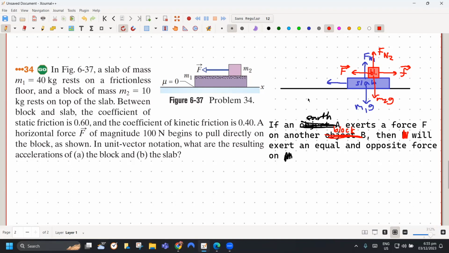From Newton's third law, sige, try mo yun. Write it down.